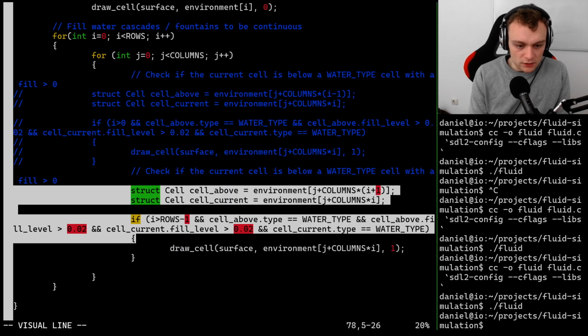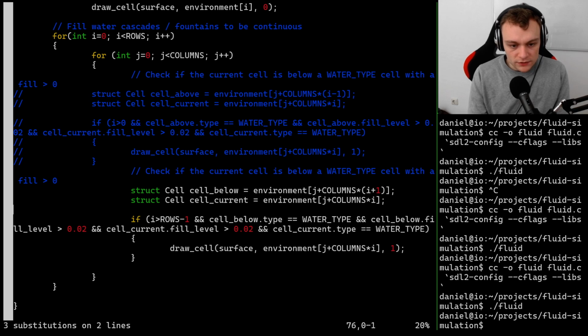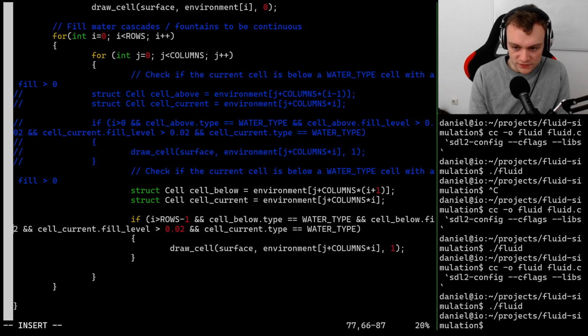So the cell above, in this case, let me just rename it. Cell above, rename it with cell below. The cell below and the cell current. If the cell below is a water type and the cell below fill level is... Doesn't really matter actually what the fill level of the cell below is.